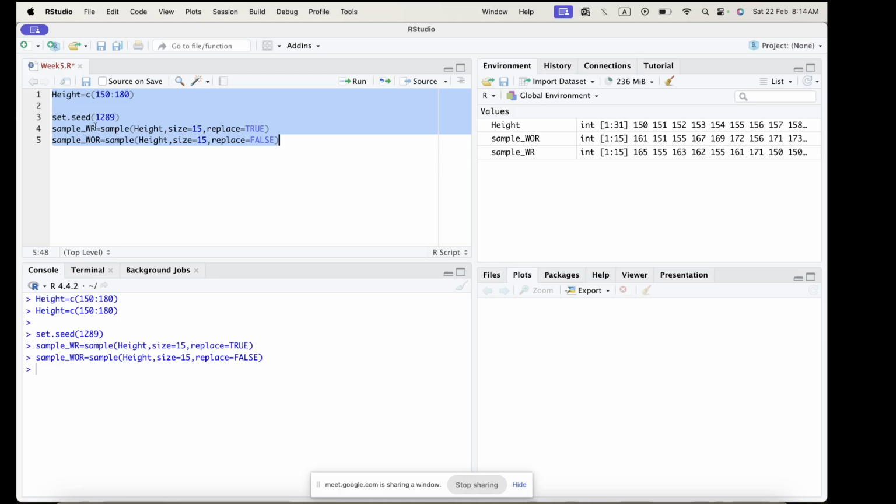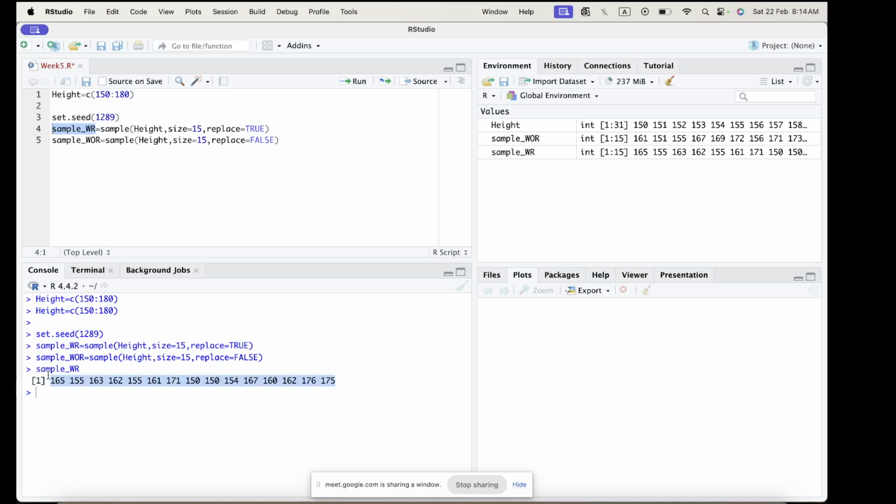Okay, so I have my sample with replacement. It looks like this. Here you see 155 is repeated twice, and 150 is also repeated twice. The others seem to be pretty distinct. And in sample WOR, all of them are distinct.